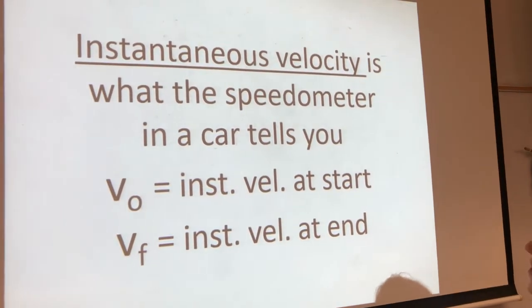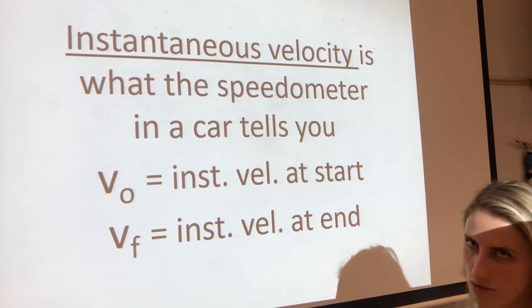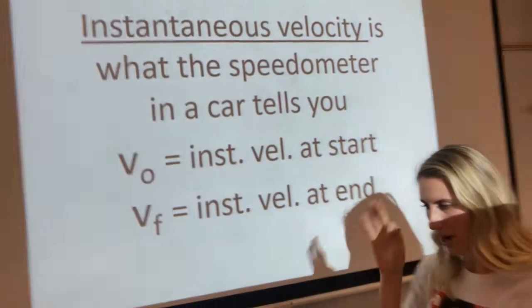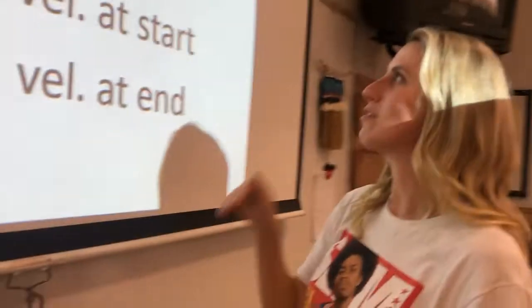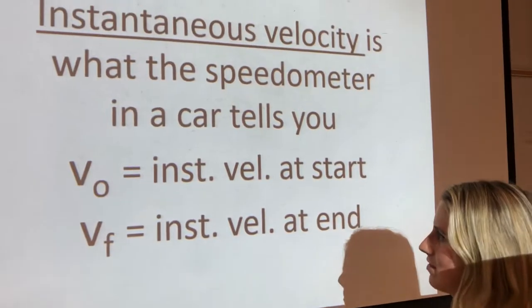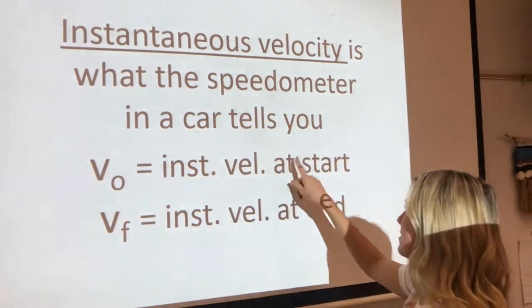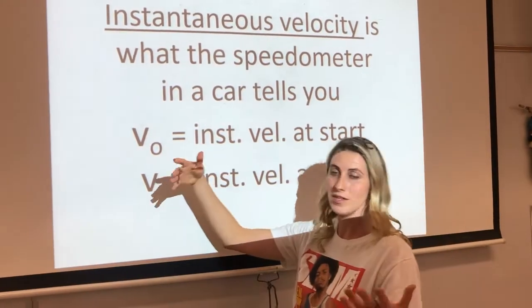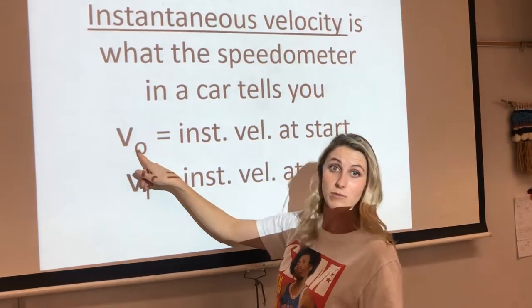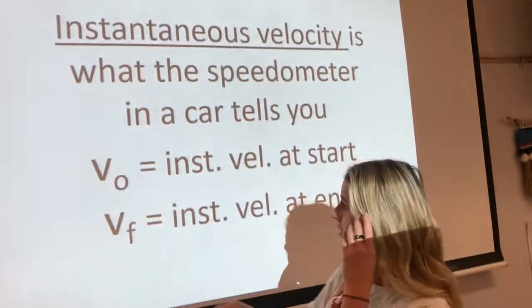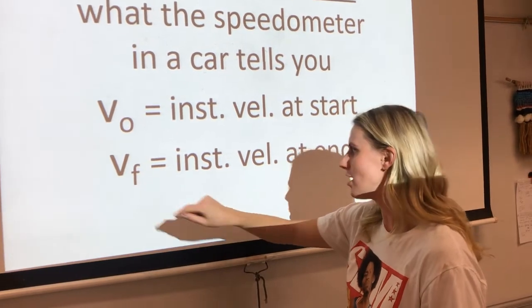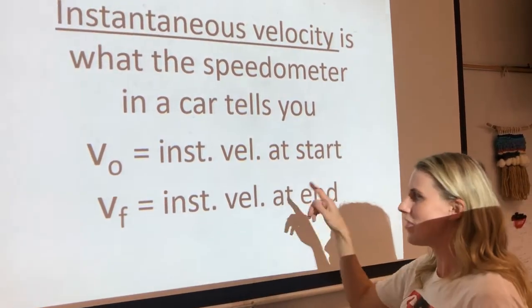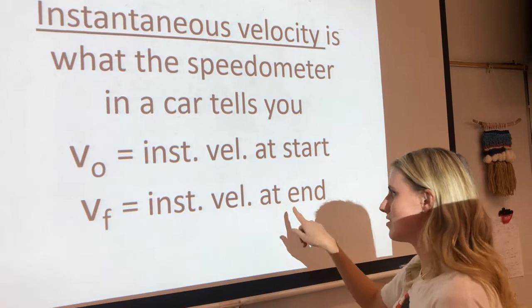Instantaneous velocity is what the speedometer in your car tells you. When I said, look at my speedometer after 3 seconds, and it was like 15 miles per hour, that was my velocity at that instant. My instantaneous velocity at the start for this lab is gonna be 0 meters per second. We know that, the starting velocity. What we're trying to find is our final velocity at the very end, the instantaneous final velocity at the end.